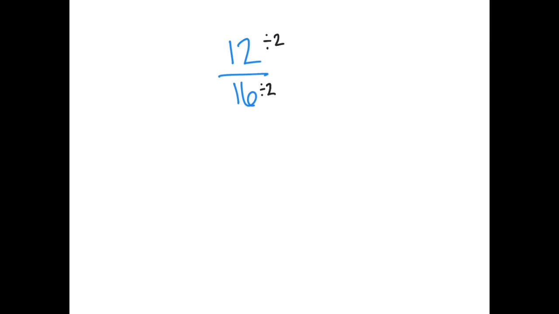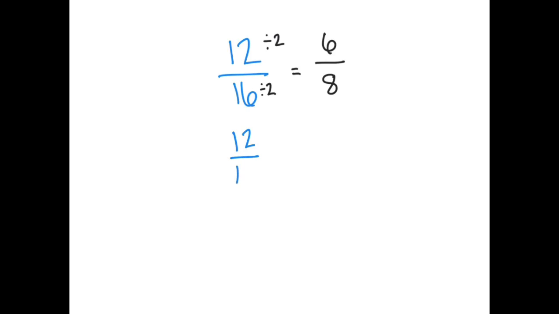When you divide the numerator and denominator by the same amount, you're creating an equivalent fraction. So 12 divided by 2 is 6, and 16 divided by 2 is 8. 6/8 is equivalent to 12/16. It just has a smaller denominator. We could do this with other numbers.